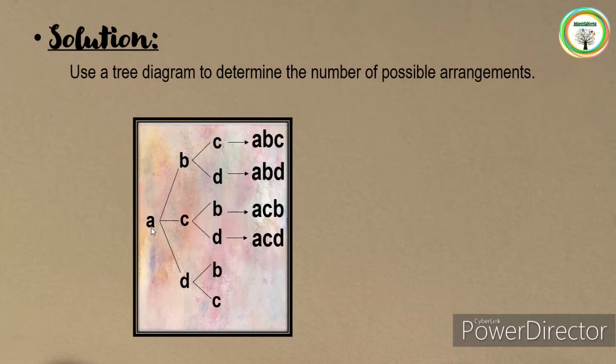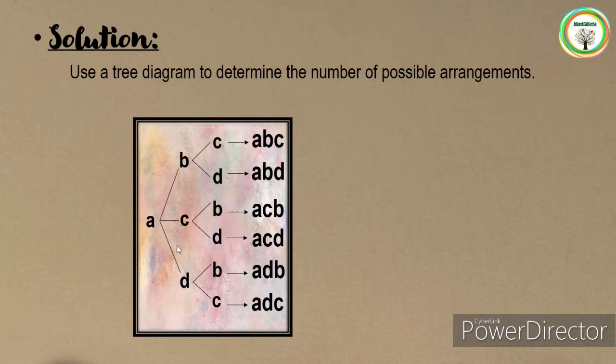A is the first letter, D is the second letter, third letter is B, we have A, D, B. And last one, first letter is A, second letter is D, the third letter is C, we have A, D, C. As you can see, we have 1, 2, 3, 4, 5, 6 arrangements if the first letter is A.